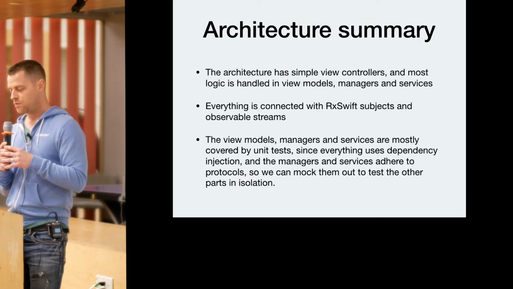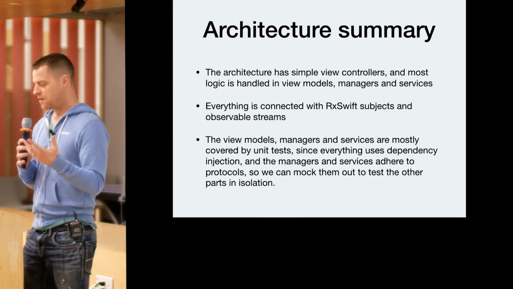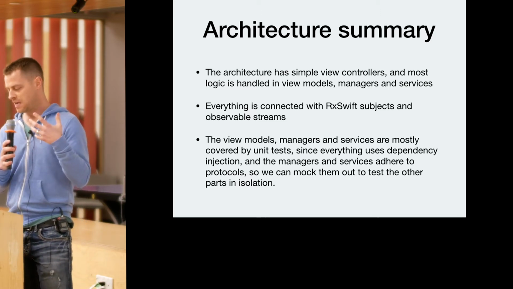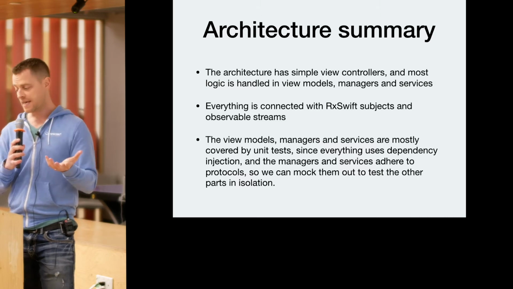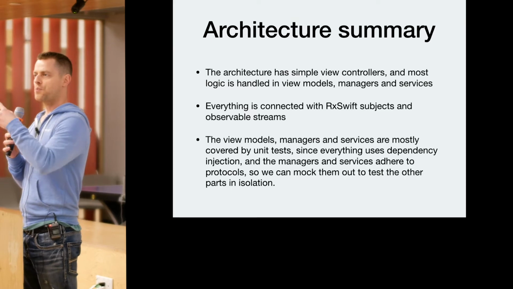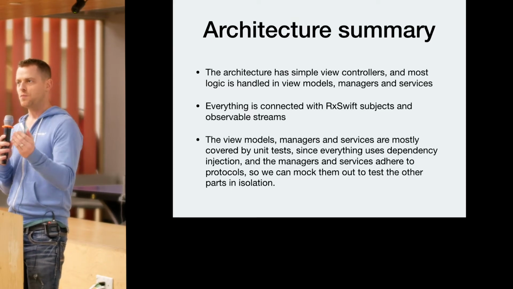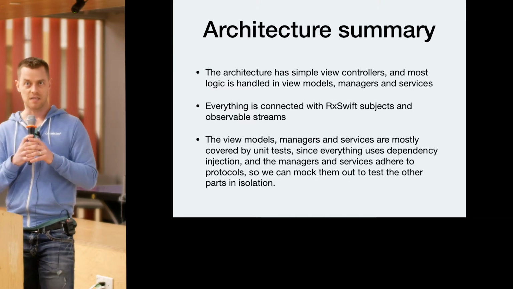And we tried to do a certain amount of TDD. The view models, managers, and services were all covered by unit tests, and we used dependency injection for everything. We used protocols for everything, so we could mock out individual pieces to unit test things in isolation.